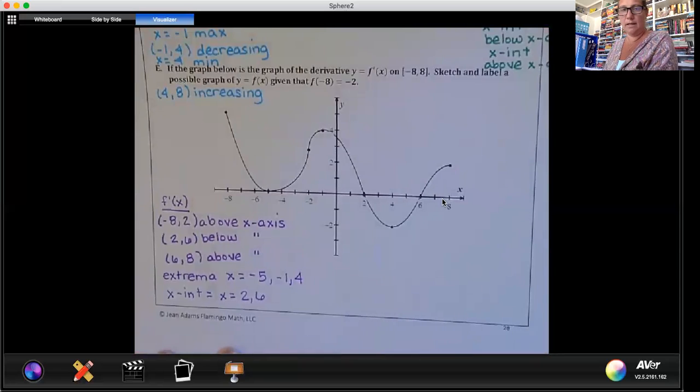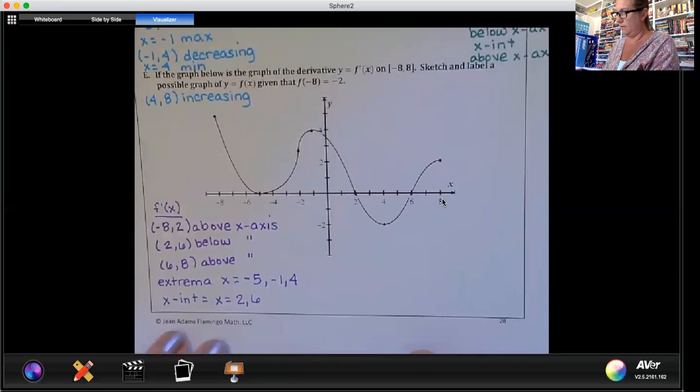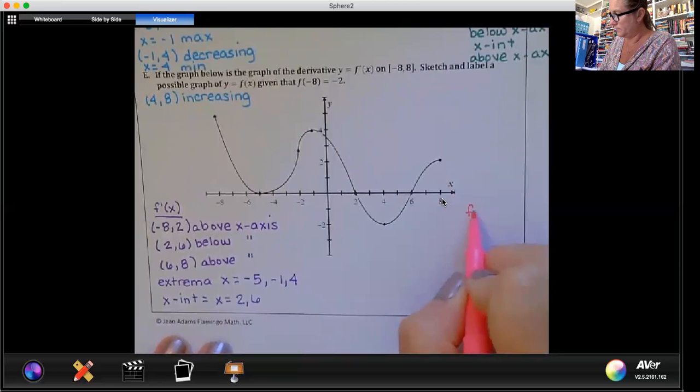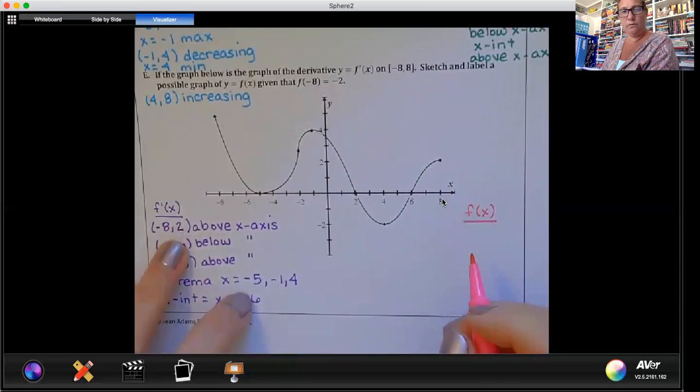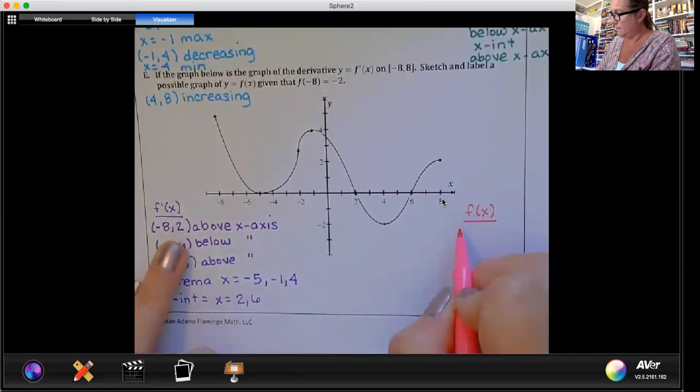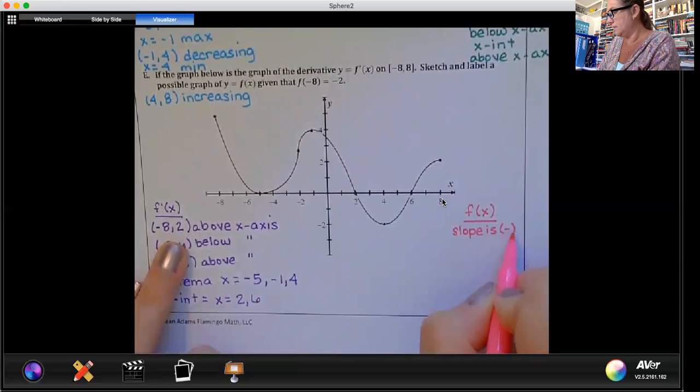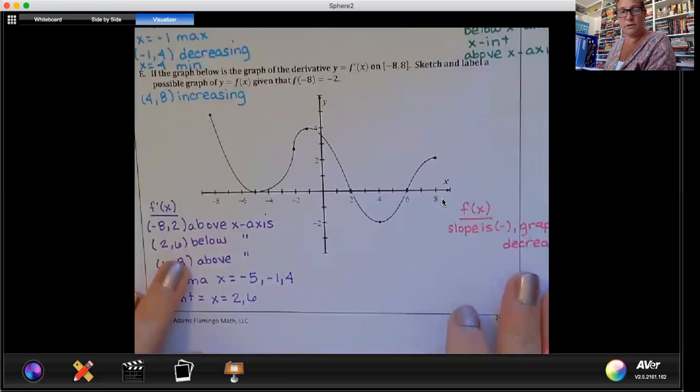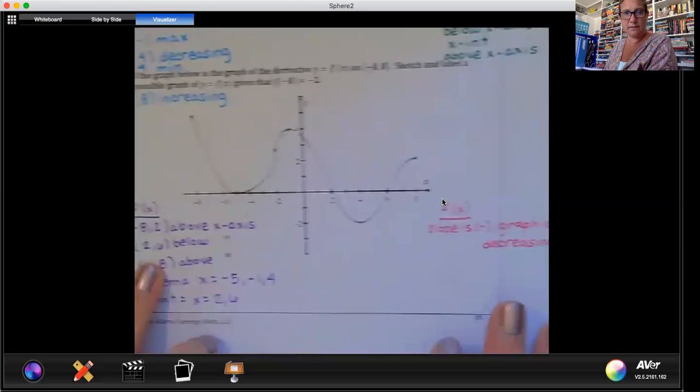So what does this look like on the graph of f of x? On the interval from -8 to 2, f prime is above the x-axis. That means the slope is positive, the graph is increasing.